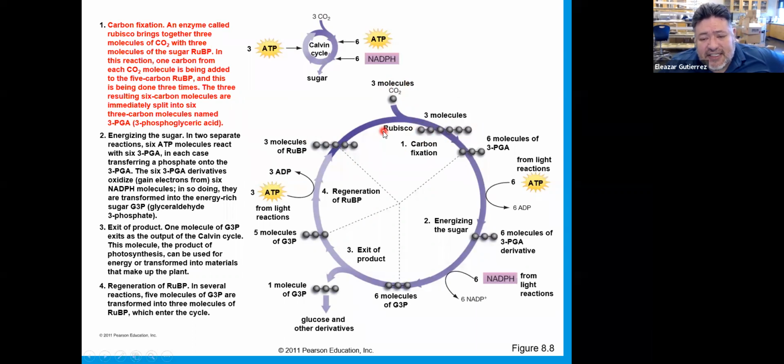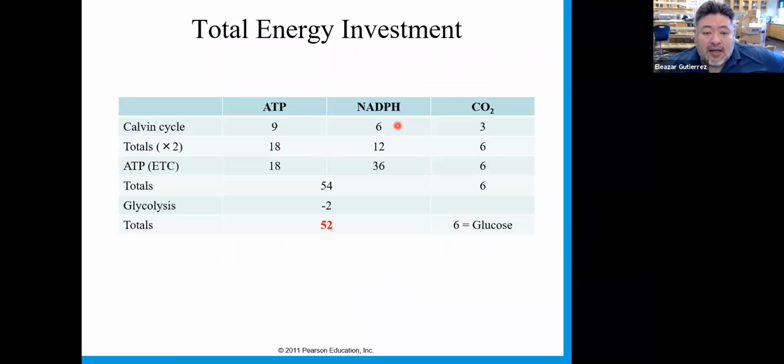And this is facilitated by an enzyme amusingly called Rubisco. It's like Nabisco, but with an R, Rubisco, okay? And here's where the hiccup is at this initial step, okay?